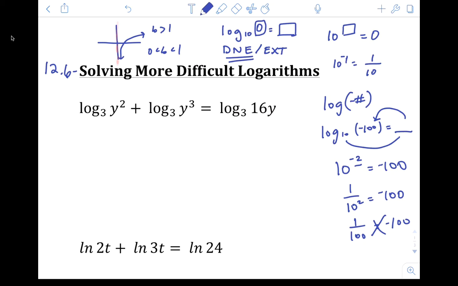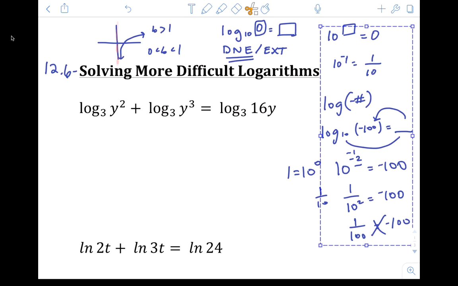Someone might say negative 1. That's going to be 1 over 10, not negative 100. Someone might say 0. And with the exponent of 0, the answer is 1. All of these things, none of them are going to get you anywhere to negative 100. It's not possible. So, moral of the story. Let's make this so it's easy to read.